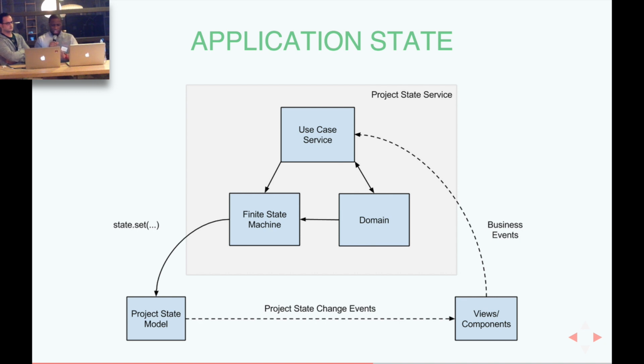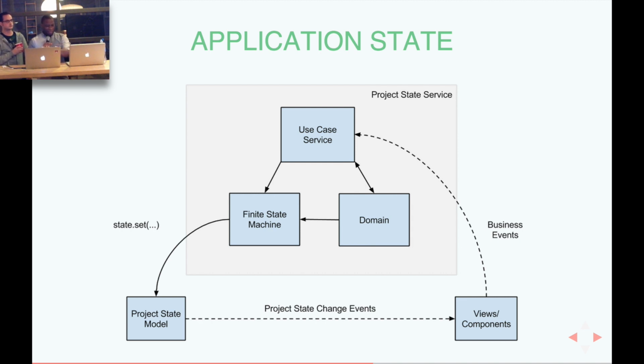The state service would make changes to the state model. In this case, the project state service is sort of a black box. I'm going to get into that. But it will make changes to the state model, and then the component would update based on changes to the state model. So this was our first implementation.